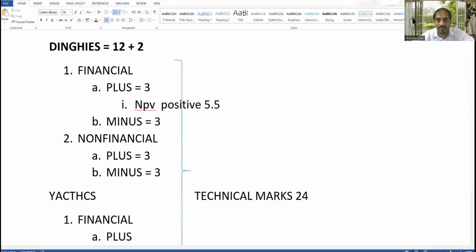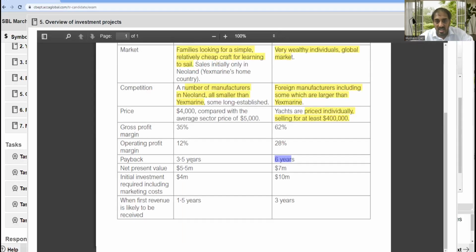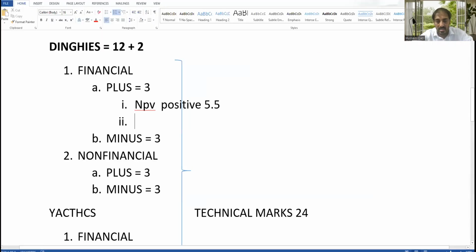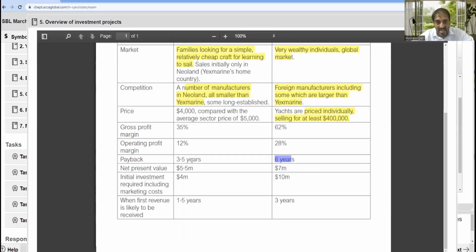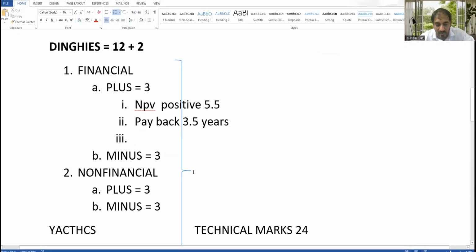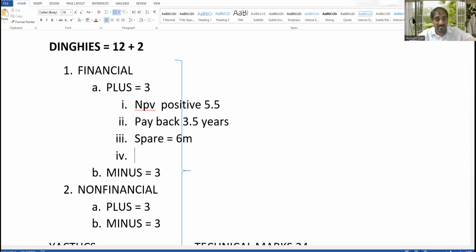Then I will mention the payback, 3.5 years. Then I will let you know that there is a spare amount of 6 million. These are the ideas I have to generate in my mind.